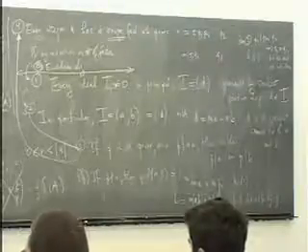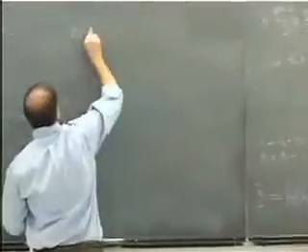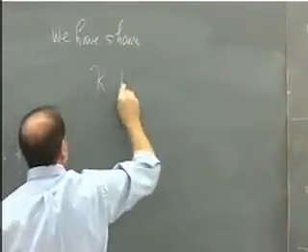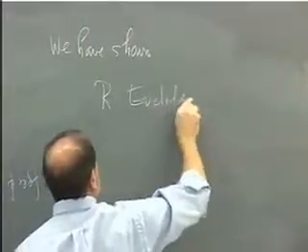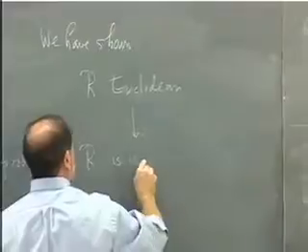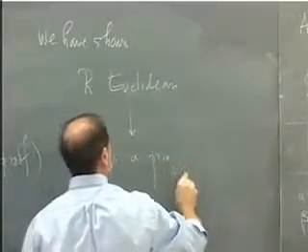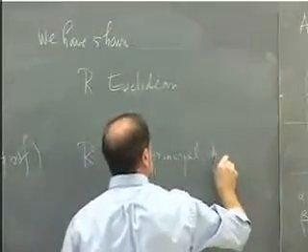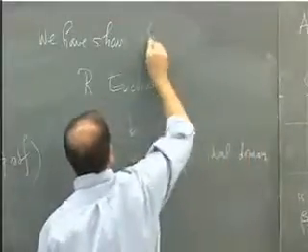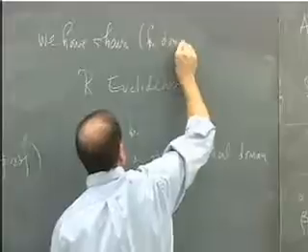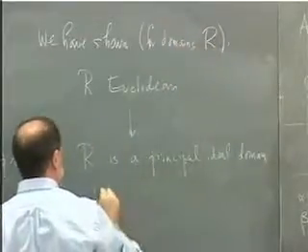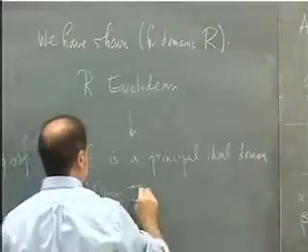So we've shown the property R is Euclidean implies the property that R is what's called a principal ideal domain, which means every ideal is principal, for domains R. Principal ideal domain: every I is principal.